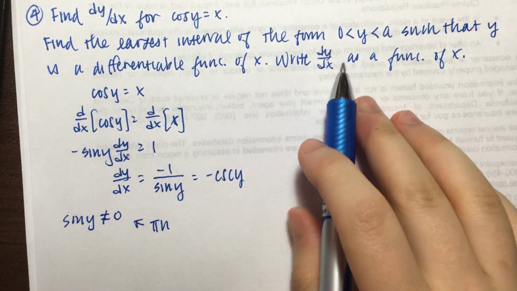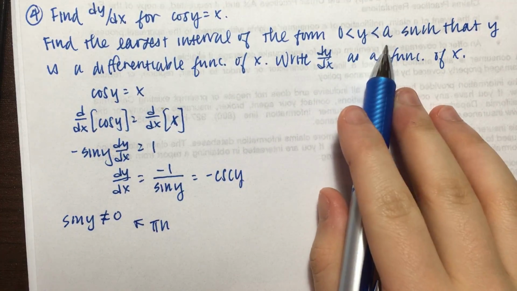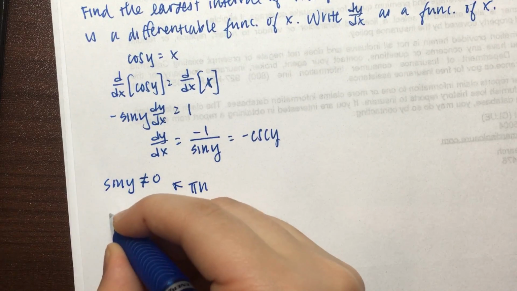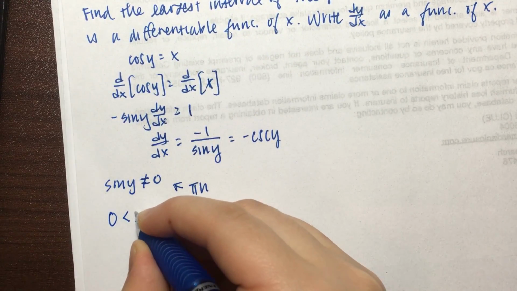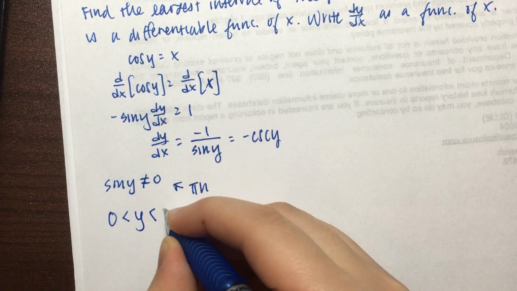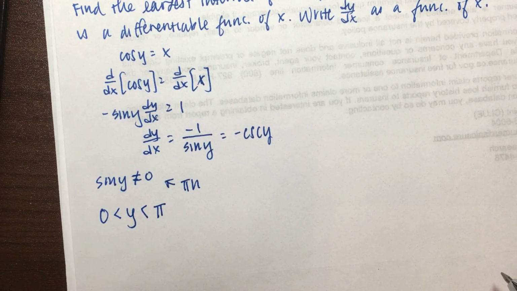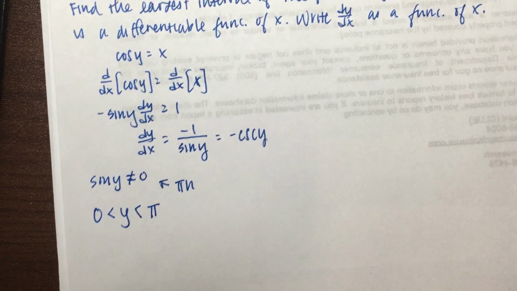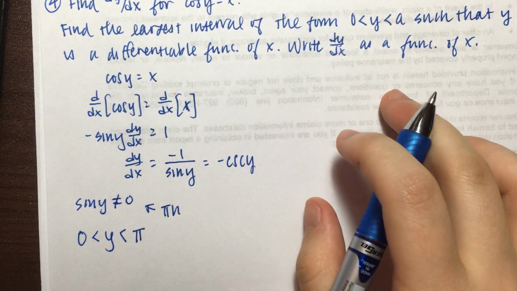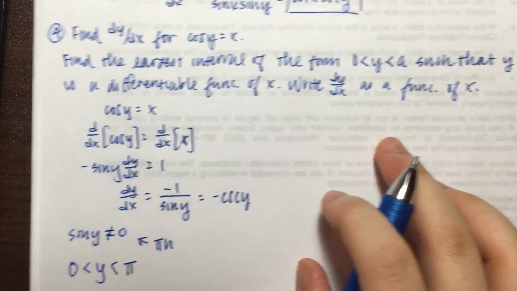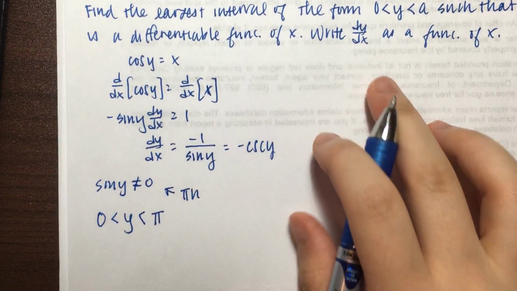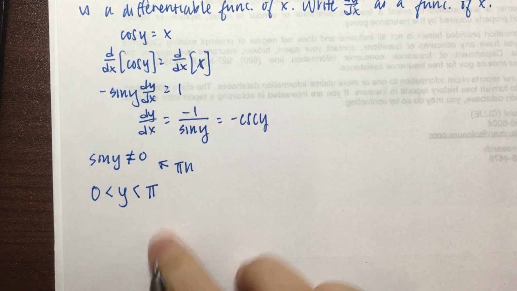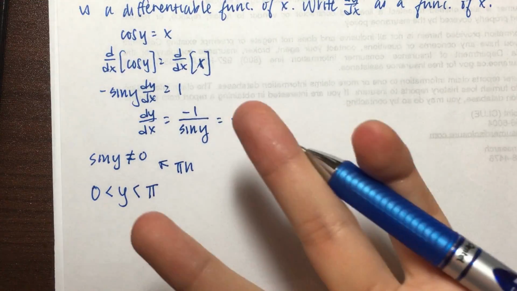And it has to be of the form 0 is less than y is less than a, right? So that's a hint. One of them is 0, and the next is pi. So this is the largest interval where y is a differentiable function of x, because if I wrote 2 pi, that would include pi, and it's not differentiable at pi.